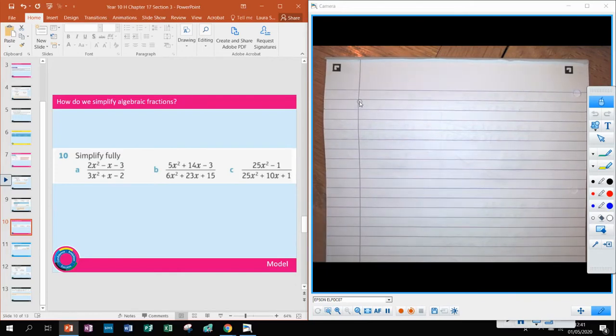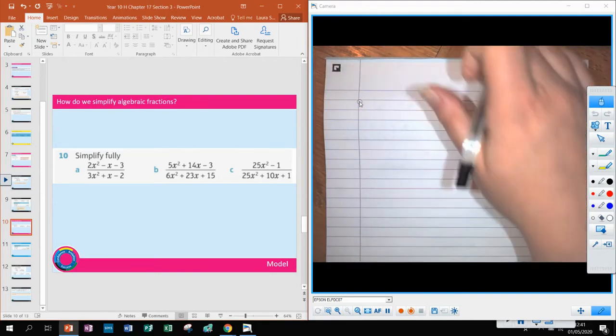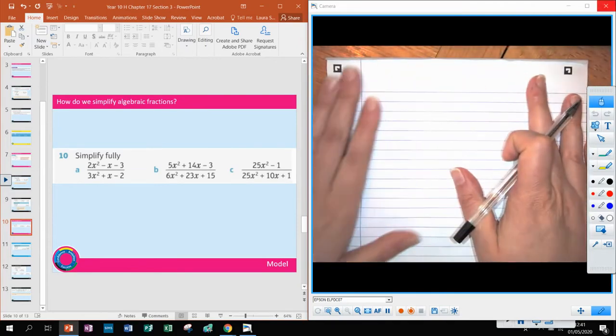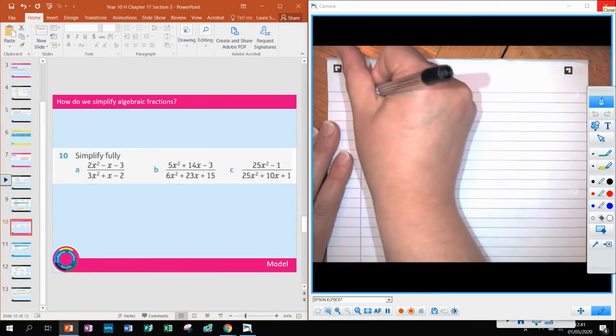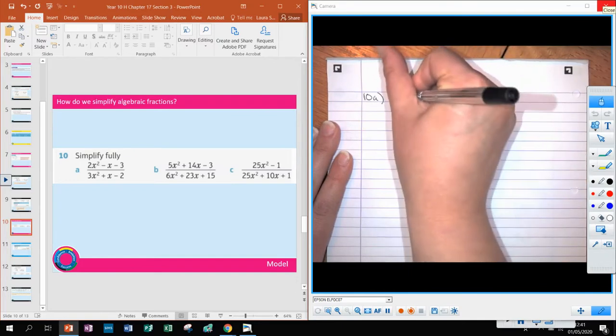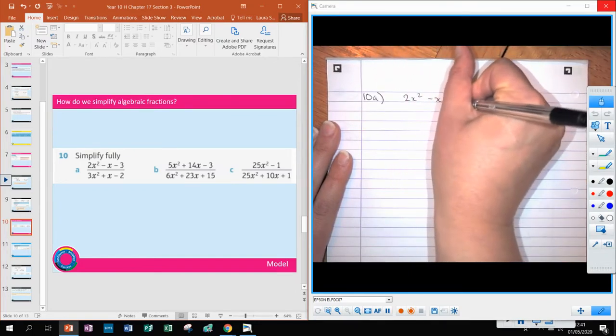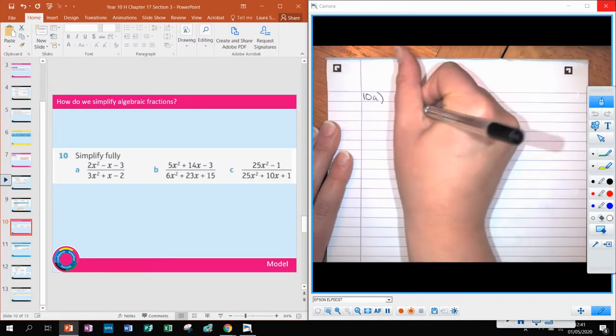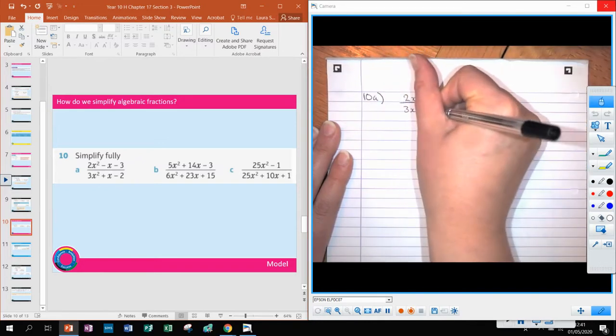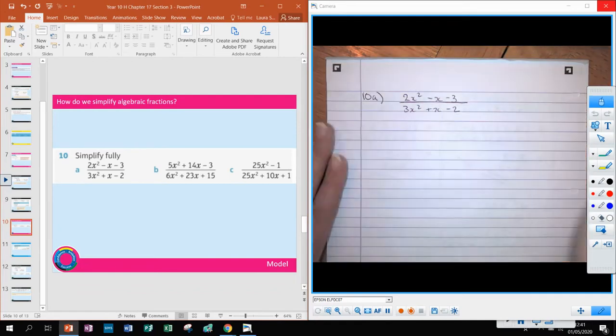So when you do these types of questions, we do need to do a little bit of added work in our margin because it's not so simple as just guessing and testing. You can guess and test as you get good at this, but I don't think we're there yet. So we've got 10 part A, which we'll model for you: 2x squared minus x minus 3 all over 3x squared plus x minus 2.